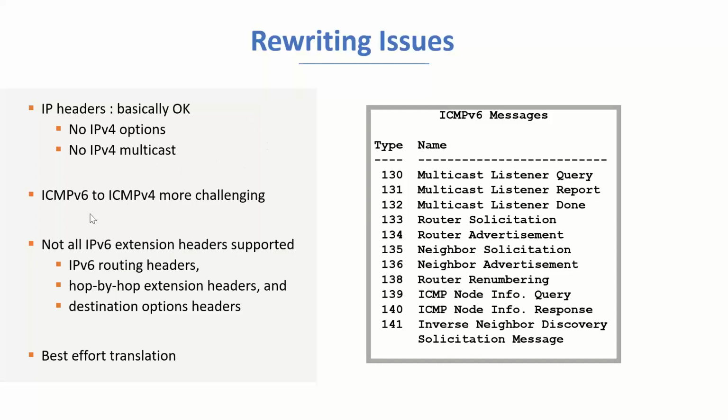But when you get into things like ICMPv6 and ICMPv4, ICMPv6 really should have been called an entirely different protocol, because there are so many different messages. And these are some of our friends from before.